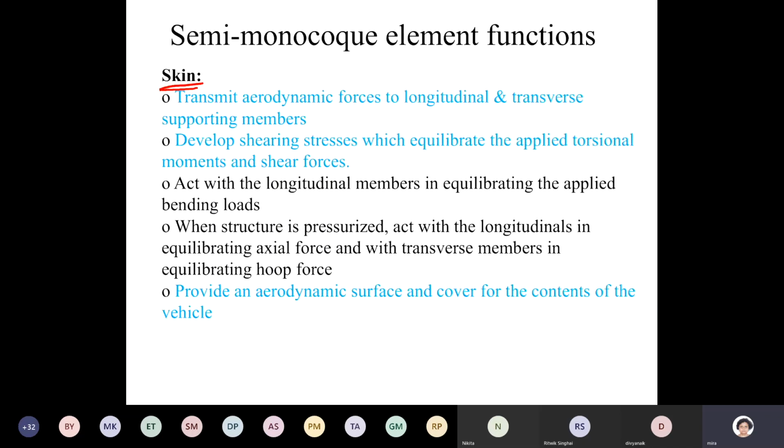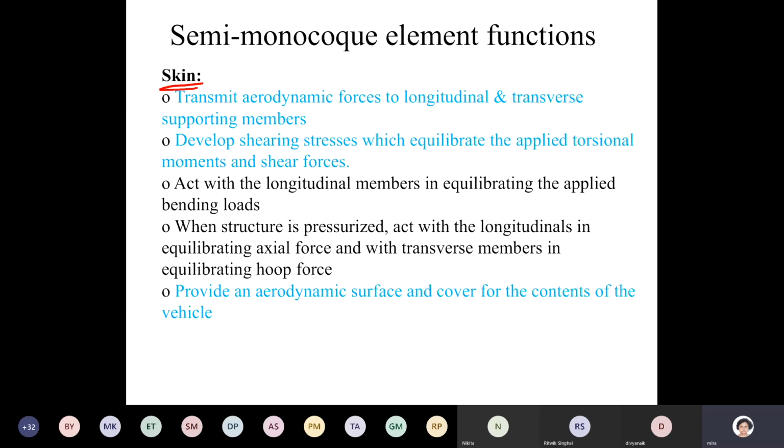The second primary job of skin is to develop shearing stresses that equilibrate the applied torsional moment and the shear force. Many of you might be aware that when there is a torsional load or a shear force, shearing stresses are produced in the structure.